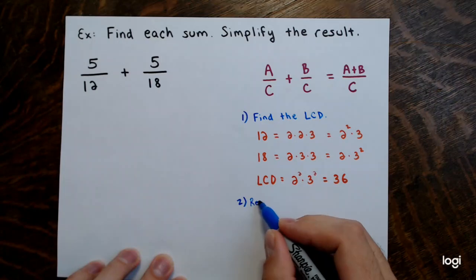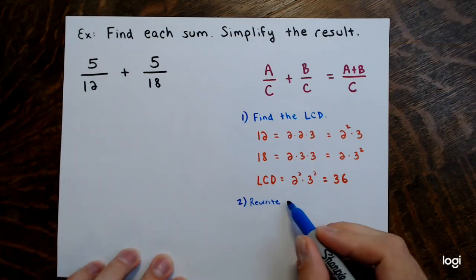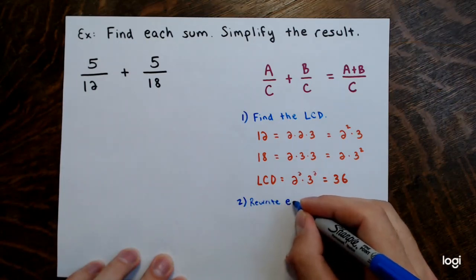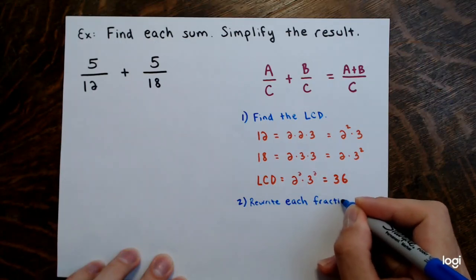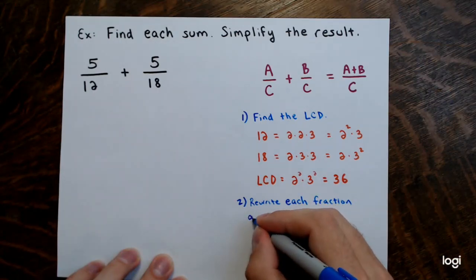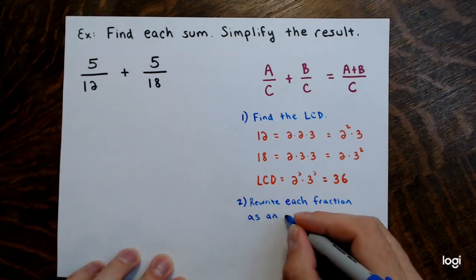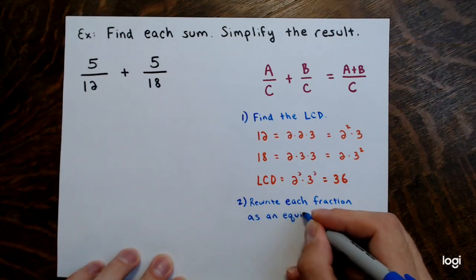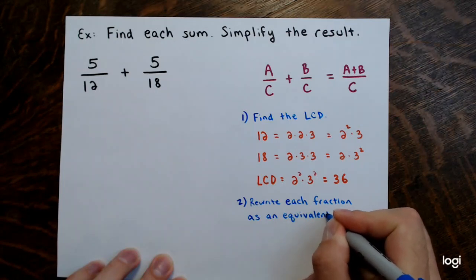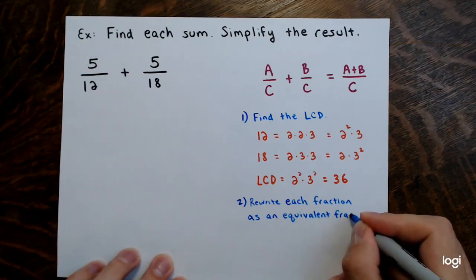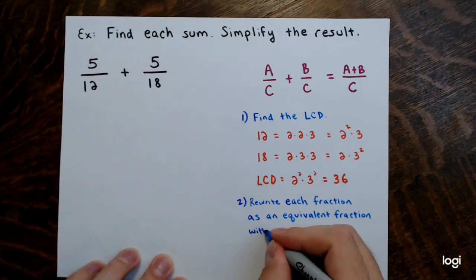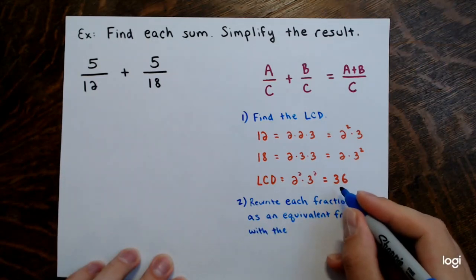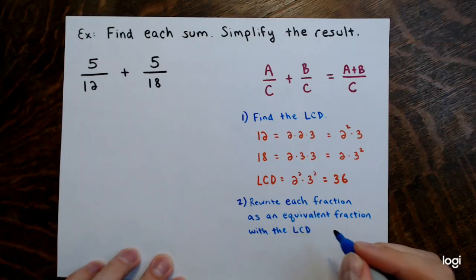Okay, so we're going to rewrite each fraction as an equivalent fraction with the LCD, meaning this 36 is going to be the denominator now.